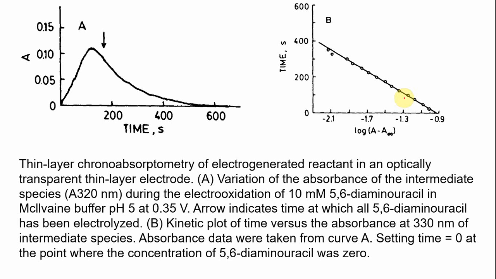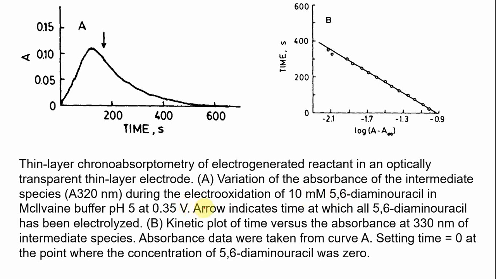You can see that there is an increase in absorbance, and then it decreases with time. This is thin layer chronoabsorptometry of an electrogenerated reactant in an optically transparent thin layer electrode: variation of the absorbance of the intermediate species during the electro-oxidation of 10 millimolar 5,6-diaminouracil in McIlvaine buffer at pH 5 and 0.35 volt.